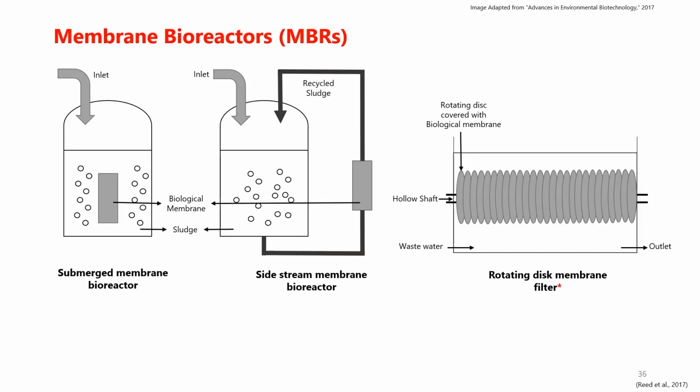So, this is the schematic of a membrane bioreactor. This is a submerged membrane bioreactor here, and this is the side stream membrane bioreactor. Then we have a rotating disc membrane filter over here, and you can see here the biological membrane is inside in this case, while here it is outside, and then you can see the inlet position from here.